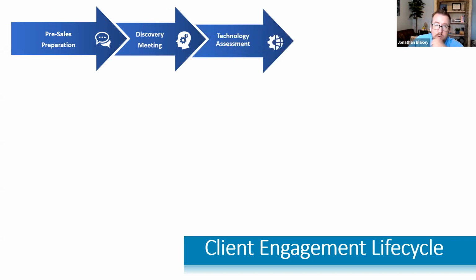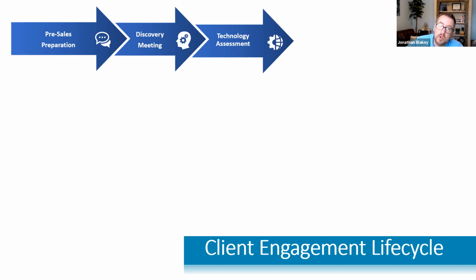So when we talked through the customer engagement life cycle, just to recap that: going through the pre-sales prep, and then the discovery meeting where we're getting our first look at the prospect's environment, what's there, what security issues exist there. We come back to them and we measure what we've discovered against the technology assessment, and measure that against what our recommended tech stack is.